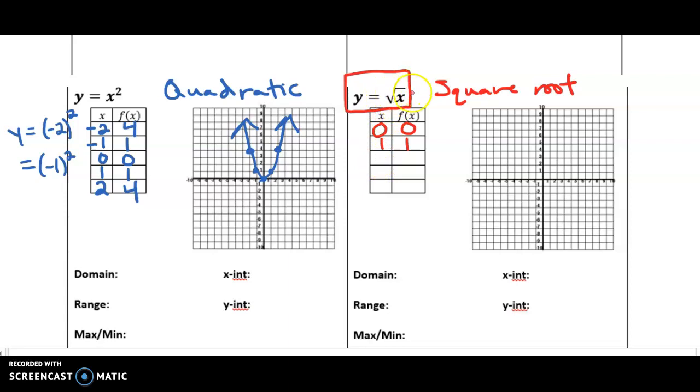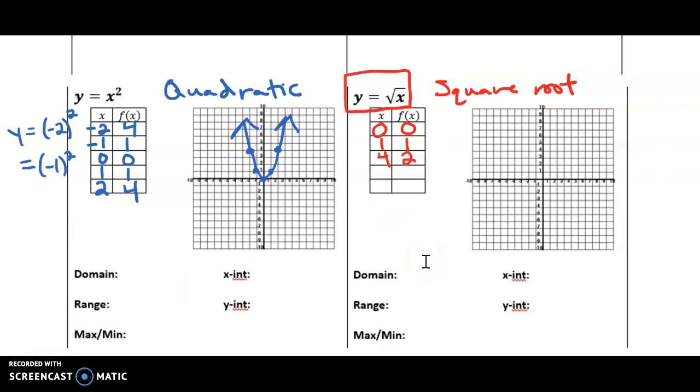If I'm taking the square root of a number, it probably makes sense for me to pick an x value that is a perfect square. 0 and 1 both fit that bill. The next perfect square that I know is a +4. And when I plug in 4 for x and take the square root of 4, I'll have you tell me, what do I get for my y value?